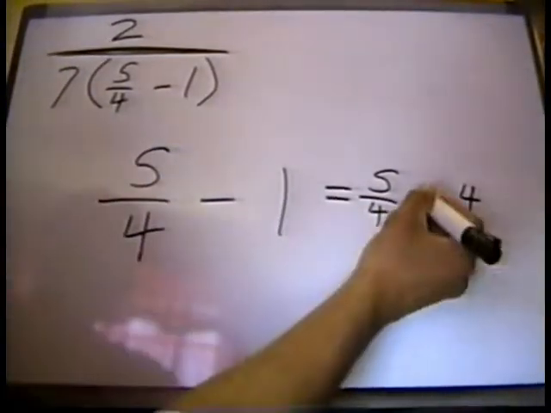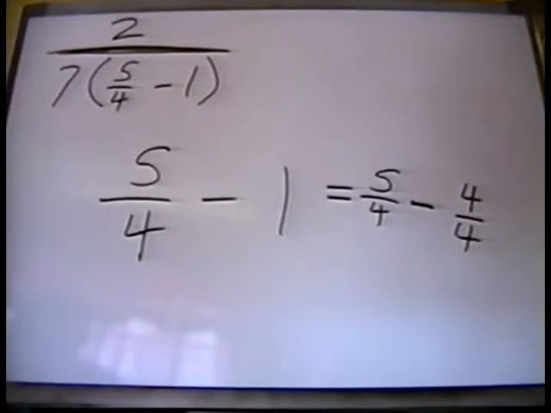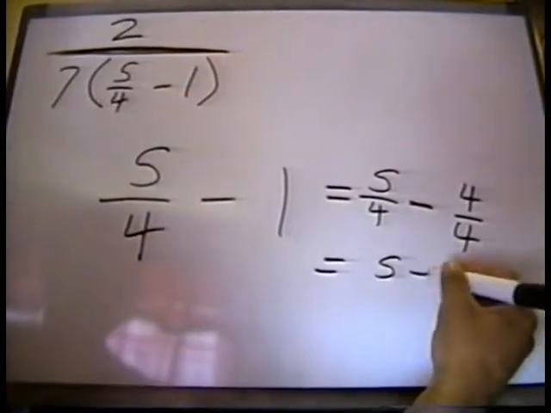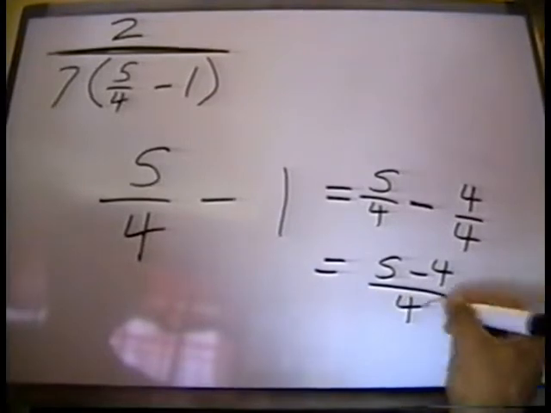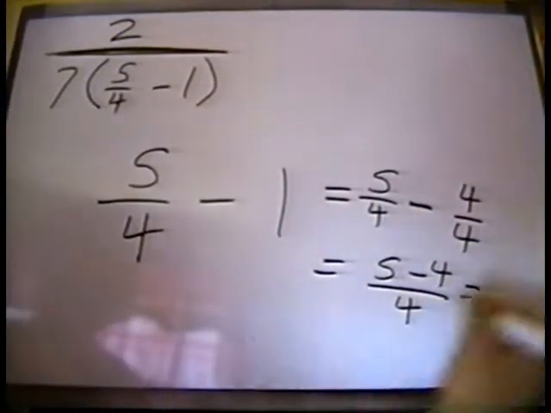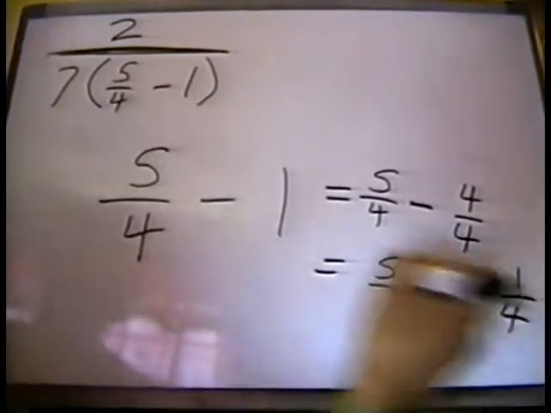You can do it that way. You can say 5/4 minus 4/4, and you get 5 minus 4 over 4, or you get 1/4.